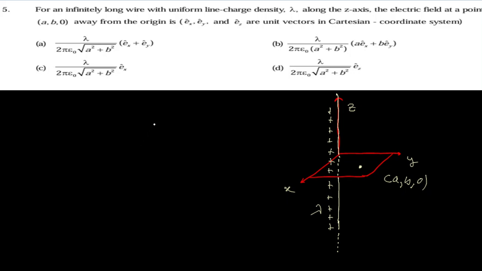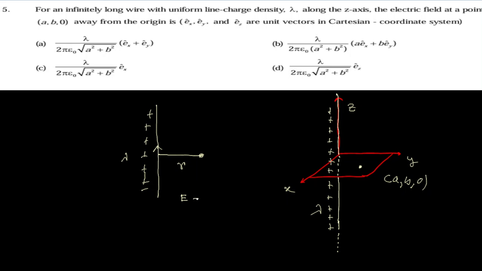In the last class we learned, if we have an infinitely long charge-carrying wire, and we want to calculate the electric field at a perpendicular distance r from this wire, then what will be the value of this electric field?